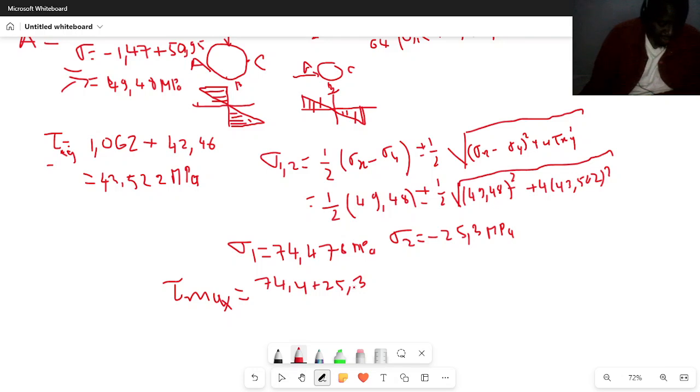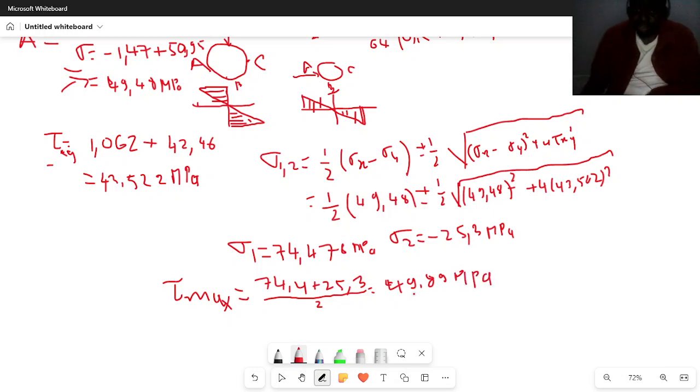Now everything is divided by 2. What do you get as the answer? 49.89. This is the maximum stress, 49.89 MPa.